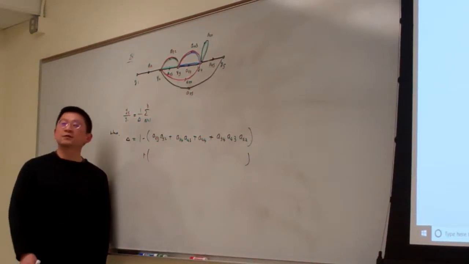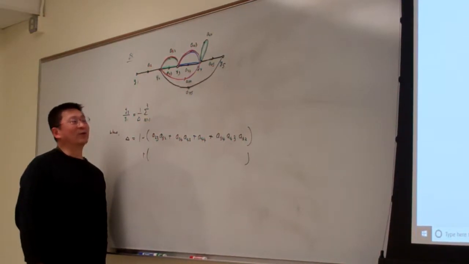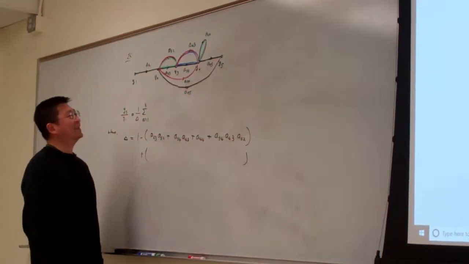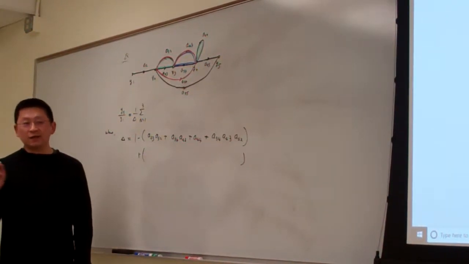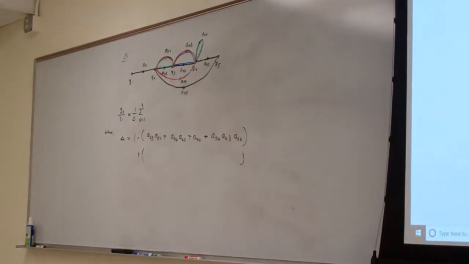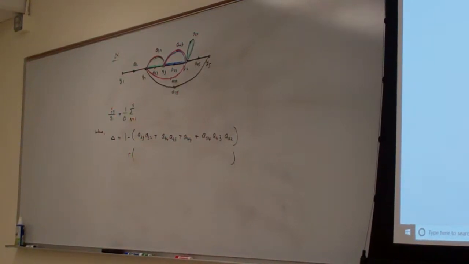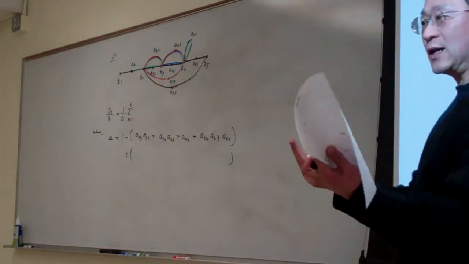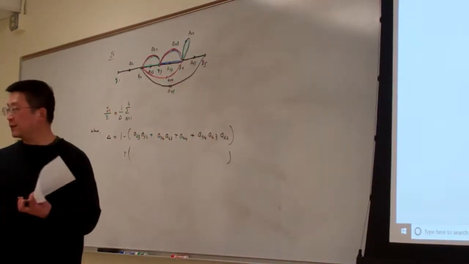The keyword is any possible two non-touching loops, which means two loops not sharing the same common node.